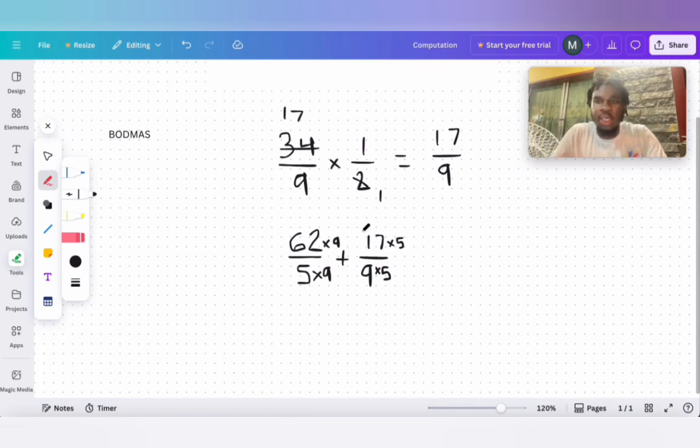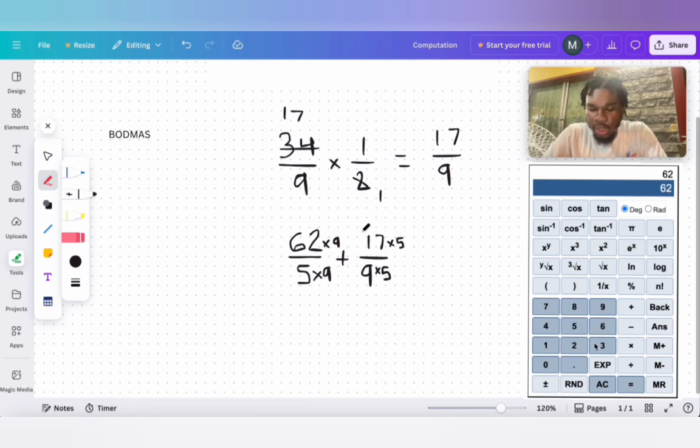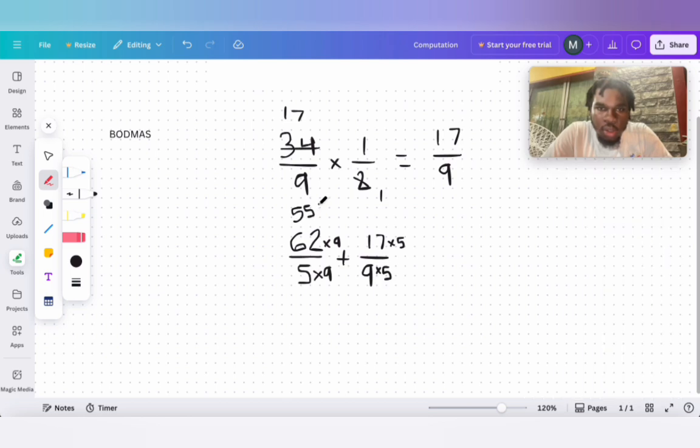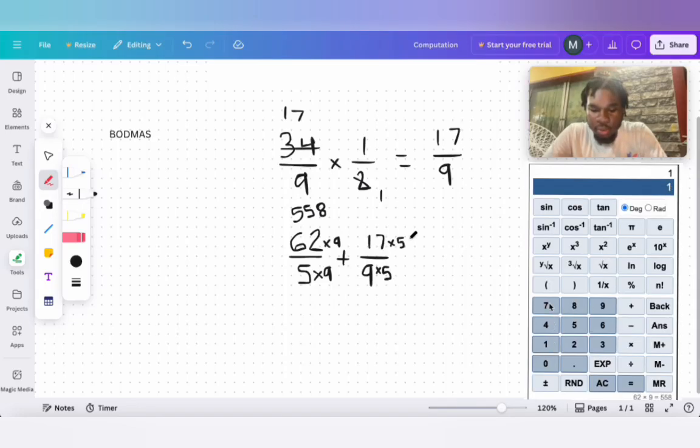We can plug that into the calculator. 62 times 9 is 558. And 17 times 5 is 85.